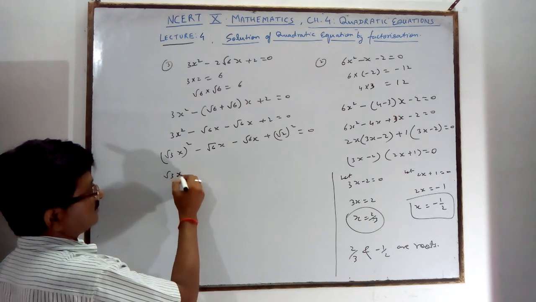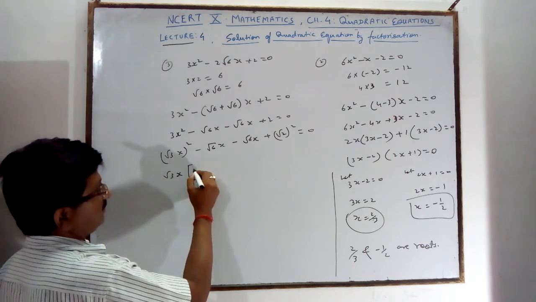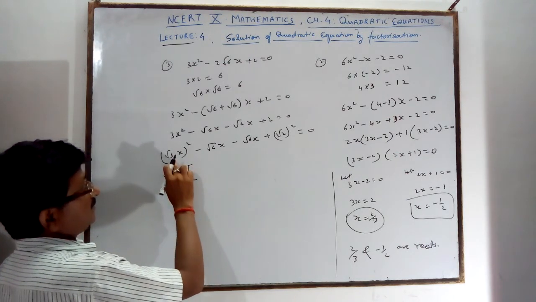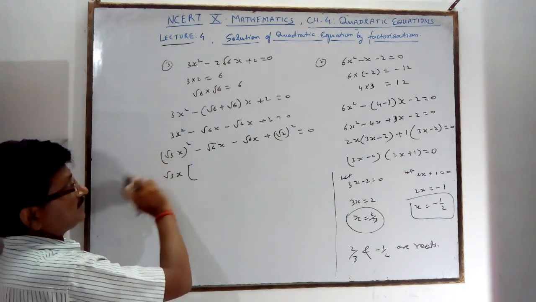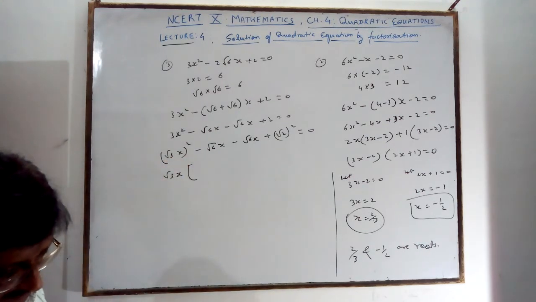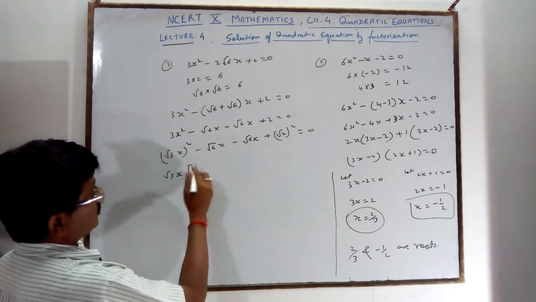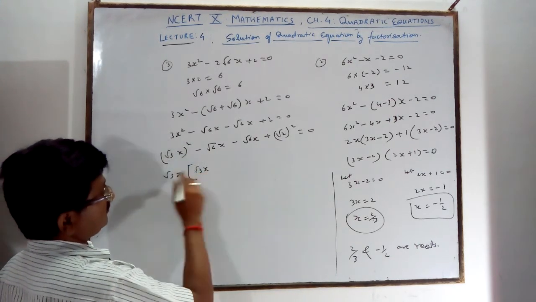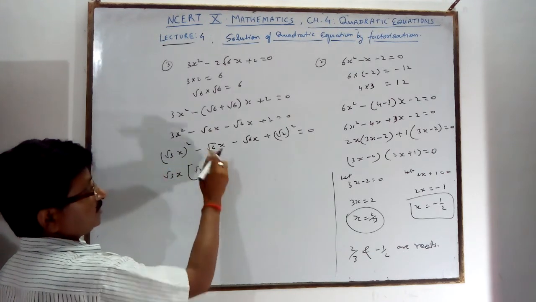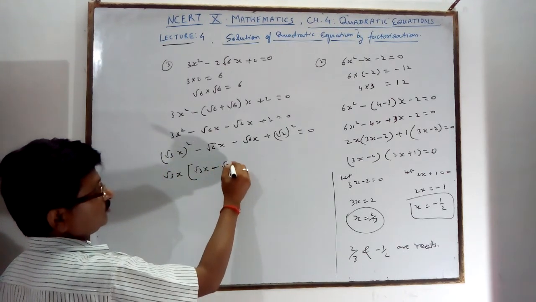Root 3x is common, then what will be left here? Root 3 and x I am taking common, then what will be left in the bracket? Again there is a 2 root 3, 1 root 3 and 1 x will be left here. 3 times 2 is 6 minus root 2 left here.